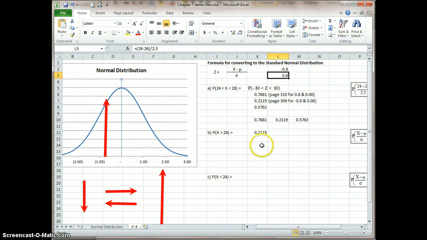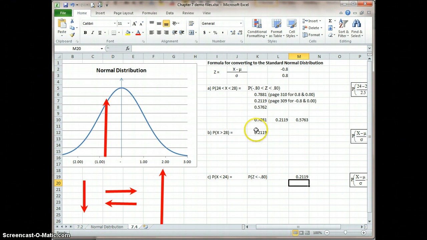So that calculation is simply the value of P for Z less than minus 0.80, which we already know is this value right here, equal to 0.2119.